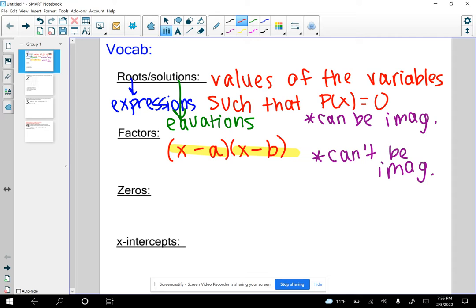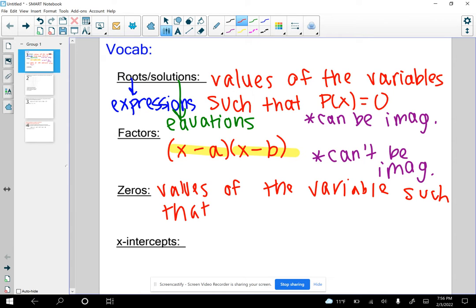Okay, zeros are values of the variable such that the function is equal to 0.